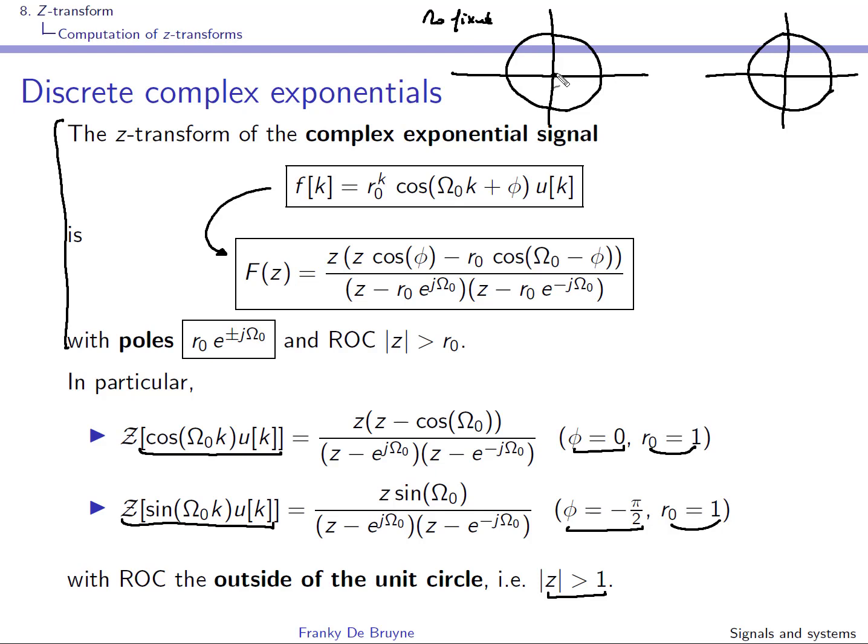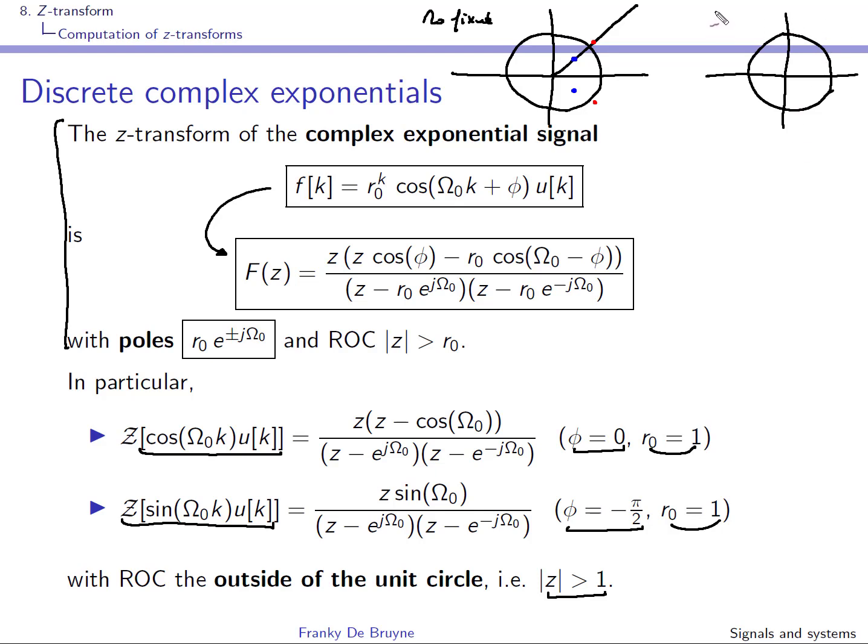So omega 0 is a direction, right? And so we'll consider two poles, one that is over here, so the radius is 0.5. Obviously there will be a complex conjugate pole over here, and the other case will be a radius that is 1.1, and the equivalent complex conjugate pole over here, right?